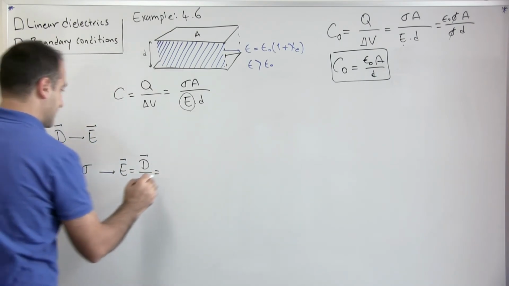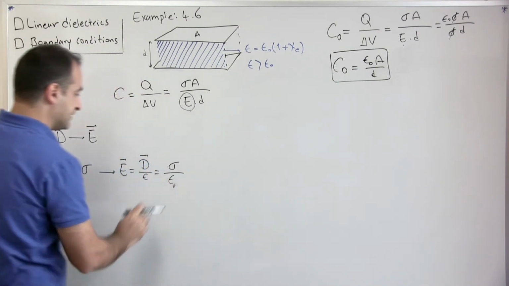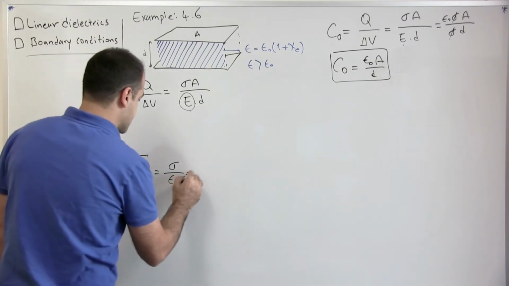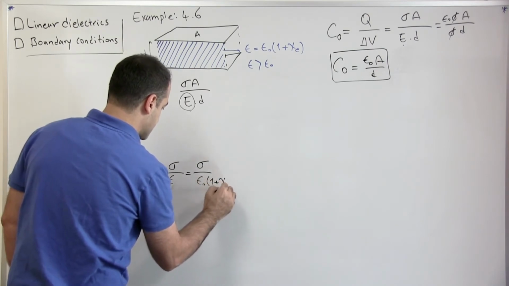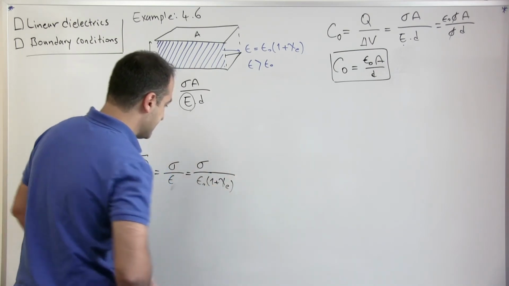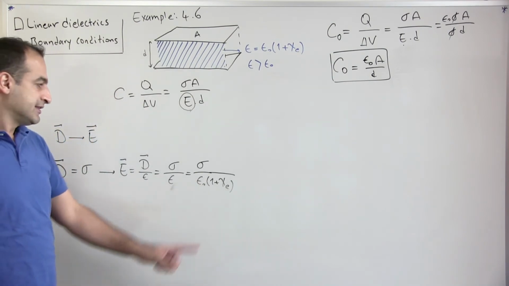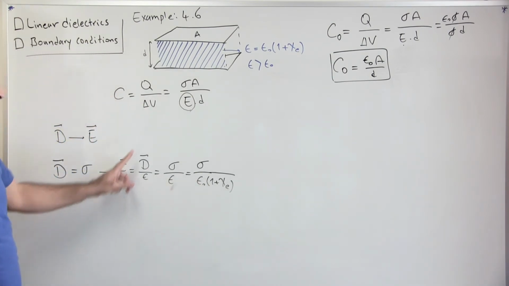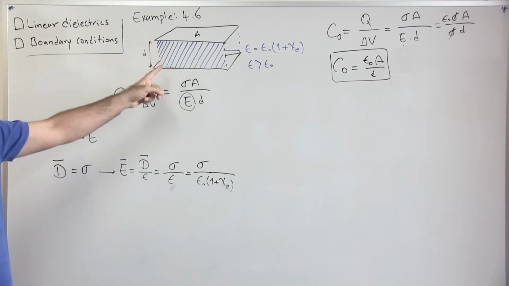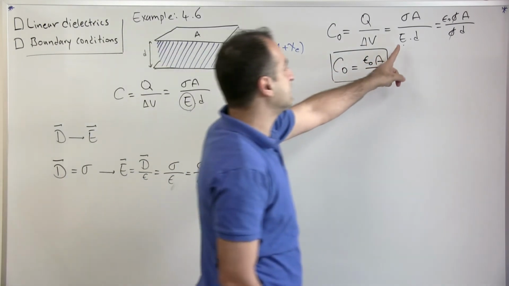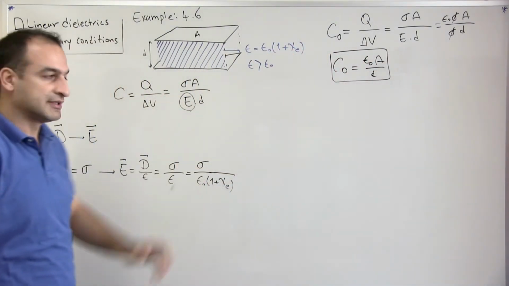So we have sigma divided by epsilon as the electric field here, which is equal to sigma divided by epsilon 0 times 1 plus chi e. And this term 1 plus chi e in the denominator already tells us that the electric field we are getting here after adding dielectric is smaller than the electric field we used to get in the case without dielectric material.